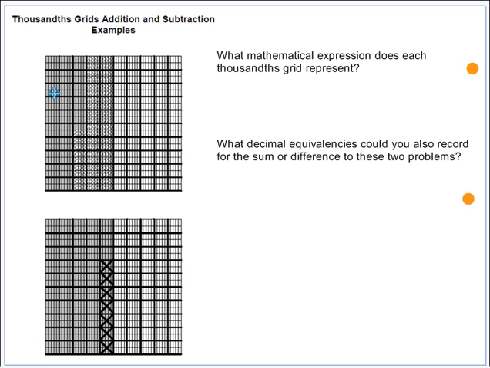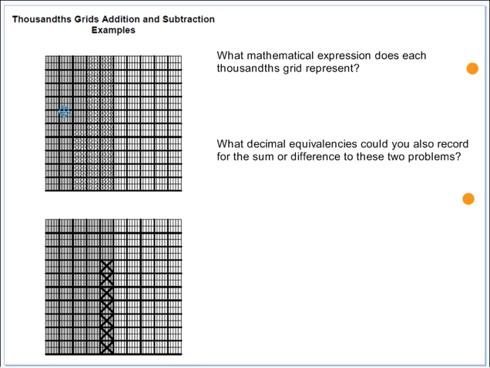So I would go, there's 100, 200, and then 10, 20, 30, 40, 50, so that's 250, and then there's 1, 2, 3, 4, 5 little squares shaded in, so that's going to be 255. Since there's another block of thousandths shaded in, I'm adding to that, so it looks like we've got 200 plus another 10, 20, 30, 40, and 1, 2, 3, 4, 5.